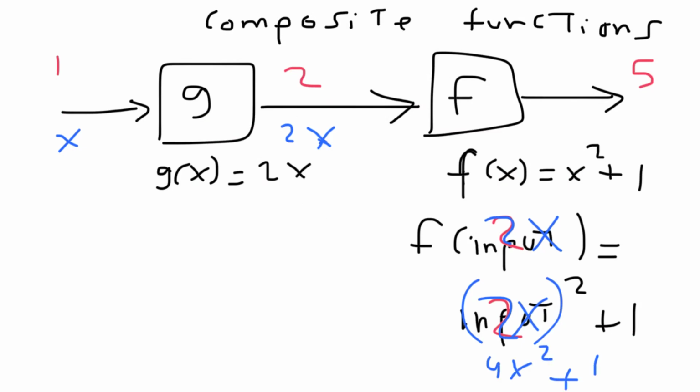So that means the output here is 4x squared plus 1. That's what the function f does. It squares the input, so 2x squared becomes 4x squared, because each one is squared, 2 squared and x squared, and then you add 1. And the input is not x anymore to this function f. The input becomes 2x. So that's the idea of composition of functions.